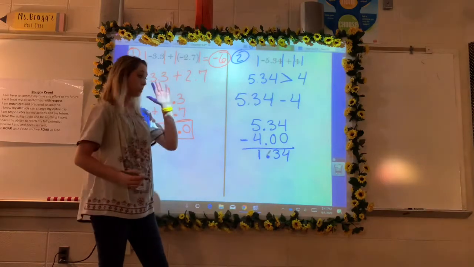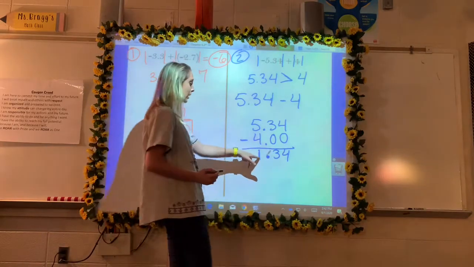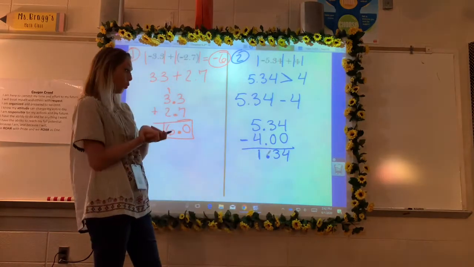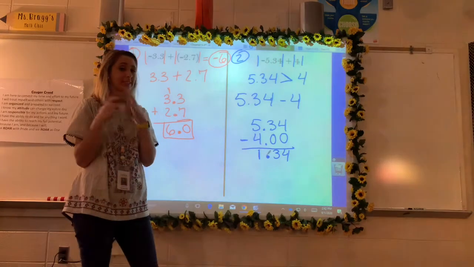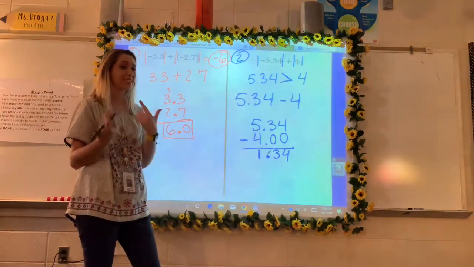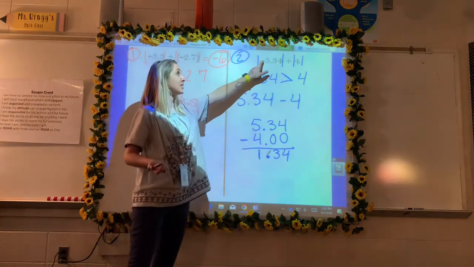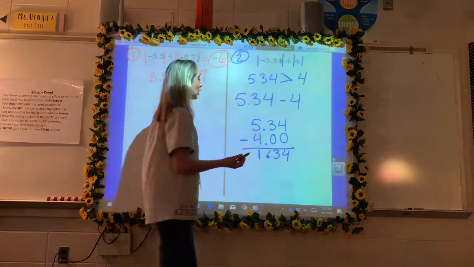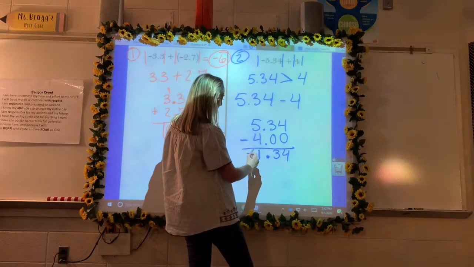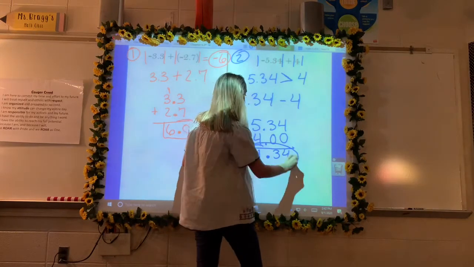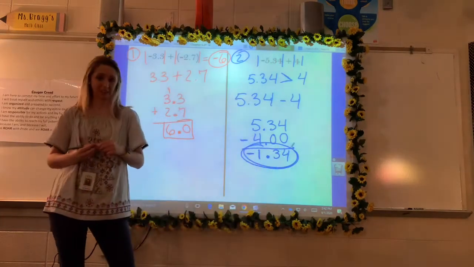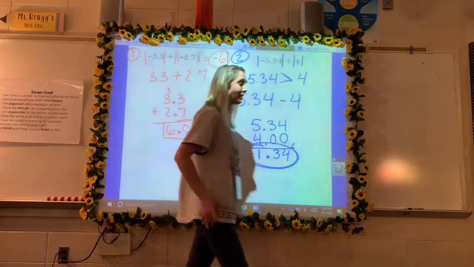So we have 1 and 34 hundredths is our final answer, but it's not final because we need to remember our sign. And our biggest value was of the negative, so our final answer is negative 1 and 34 hundredths. Okay?